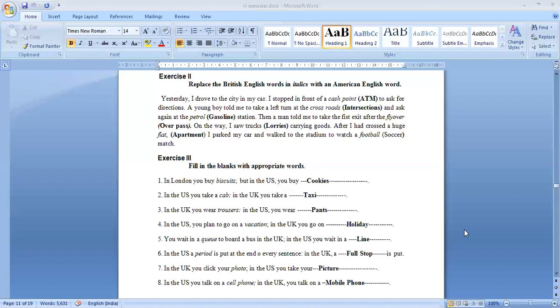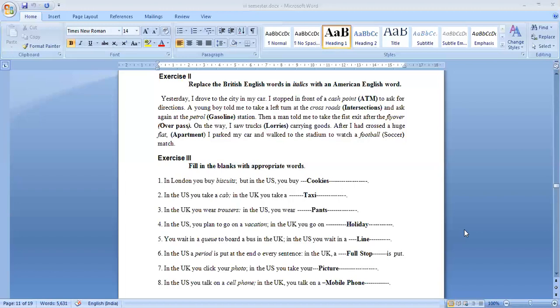So in this paragraph, certain words are given in which we have words used by British people in their English, whereas Americans have different words for them. So we identified all the different words in American English that are used for the given British words. Let us try to see the list once again.